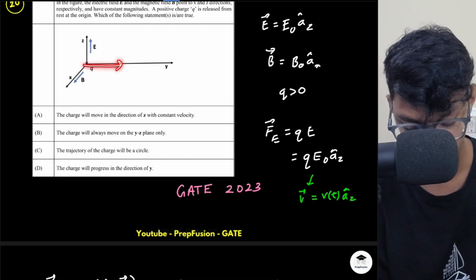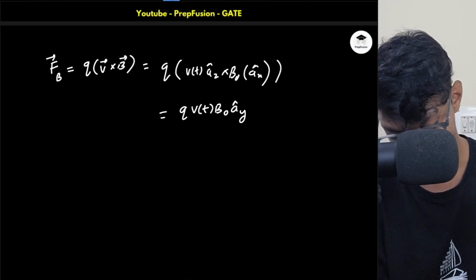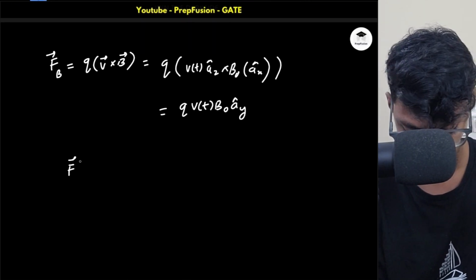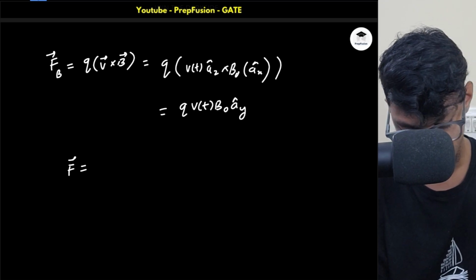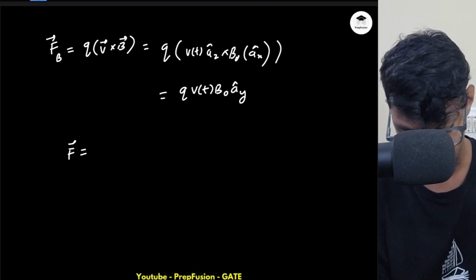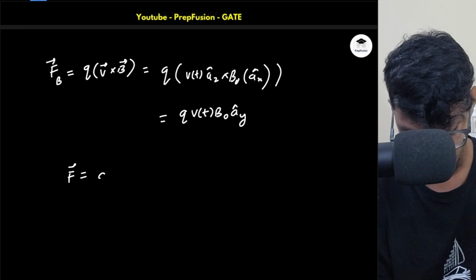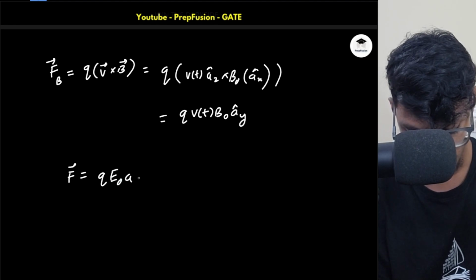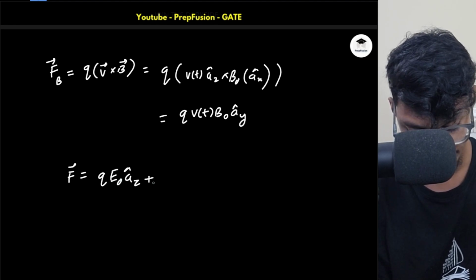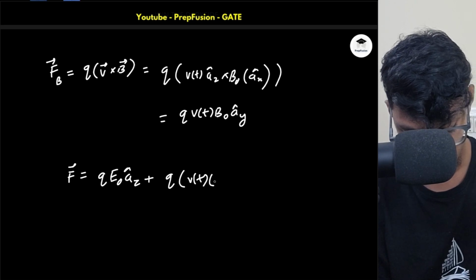It has only force in the Ŷ and Ẑ directions. So my overall force will be qE₀ in the Ẑ direction plus qV(t)B₀ in the Ŷ direction.